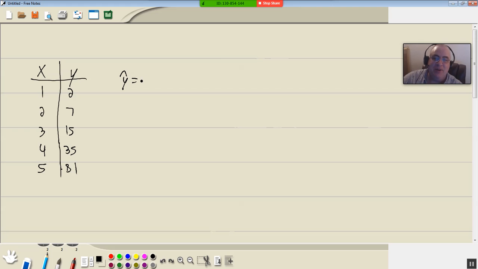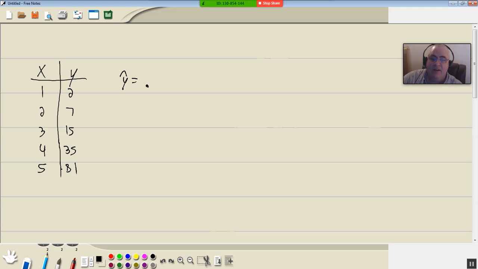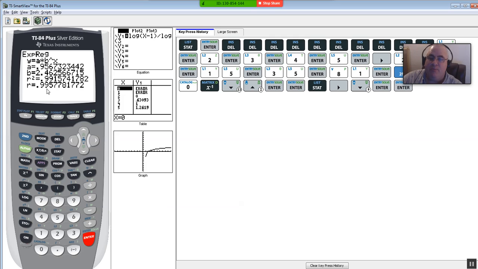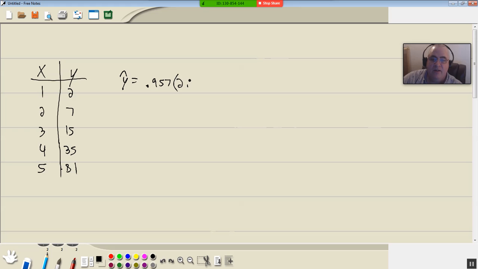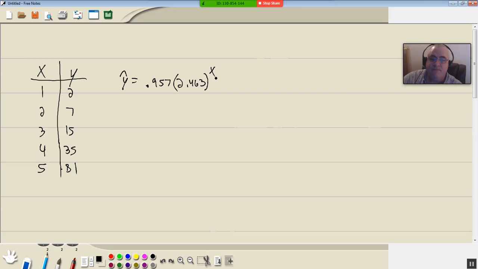I know it's kind of strange, but that means an estimate. You plug in your A, 0.957, and then you plug in your B, which is 2.463, to the X power. This would be an exponential model.